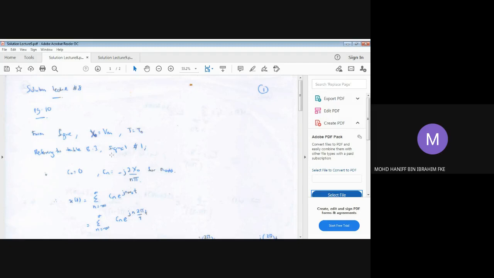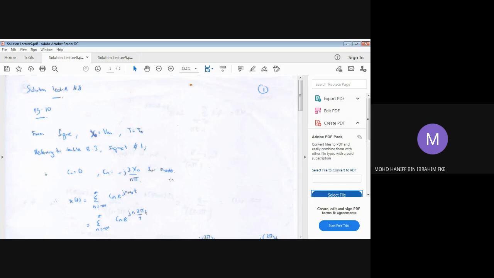And by referring to table B3, you can refer to the table on your own. The signal that shall be used is number 1, which is the square wave function. If we extract information from the square wave function, we get C naught equals 0, and Cn equals negative j 2 X naught over n pi, in which X naught is the amplitude. The Cn that we have here is only applicable for odd values of n.